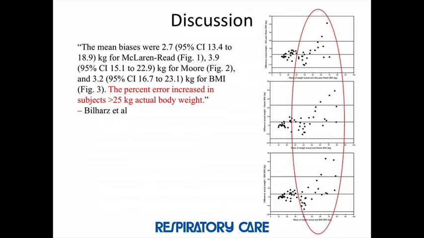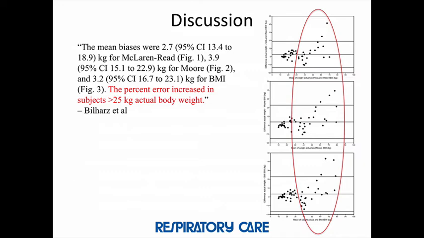From top to bottom on the axis there, what you're looking at is differences from one another, meaning differences from ideal body weight to actual body weight. So on the left, where those dots are clustered really tight together, there isn't much difference between actual and ideal body weight. But as you move to the right, those dots start to spread way out. And on the end, some of those dots are really far away near the top of the graph. That's illustrating that as your patients get heavier, the difference between ideal body weight and actual body weight becomes more significant, right?